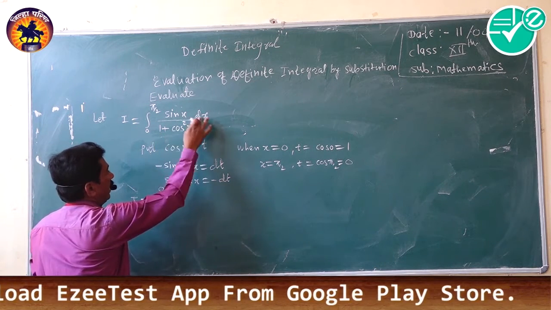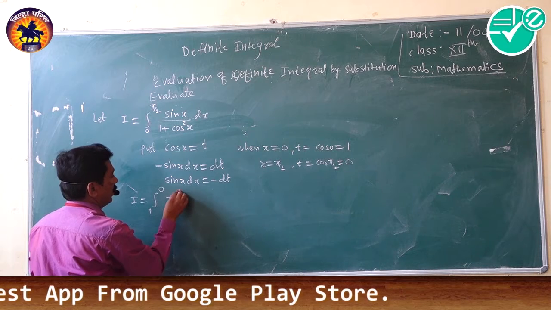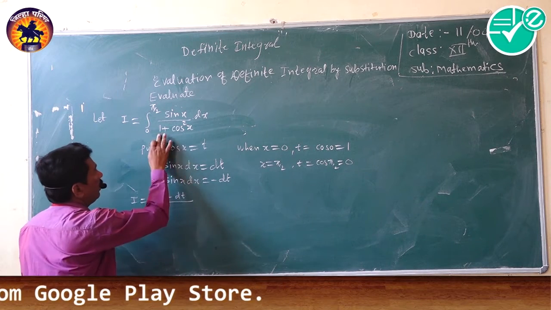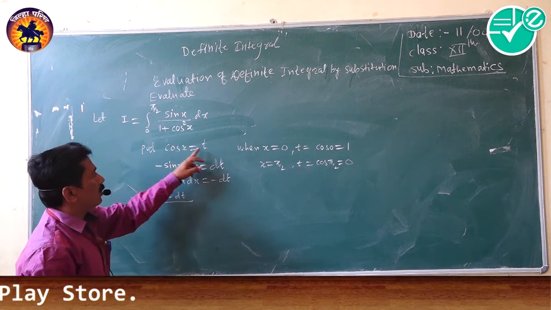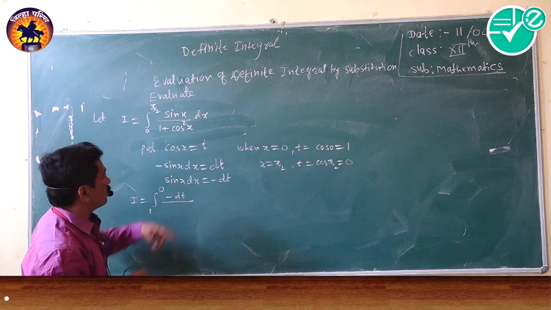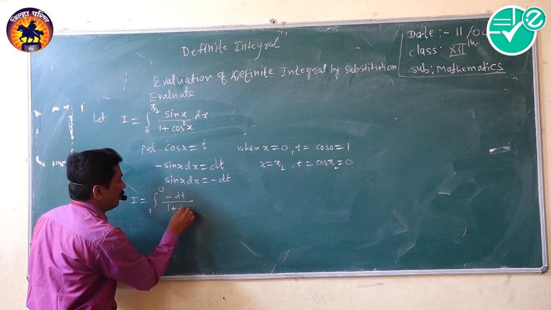For this sin x dx we can substitute minus dt divided by 1 plus cos square x, value of cos x is t, therefore 1 plus cos square x becomes 1 plus t square.